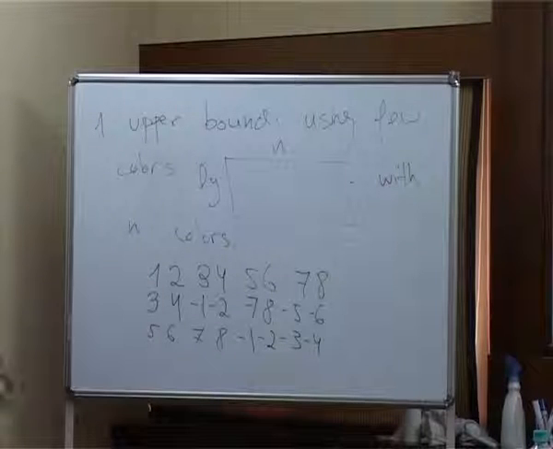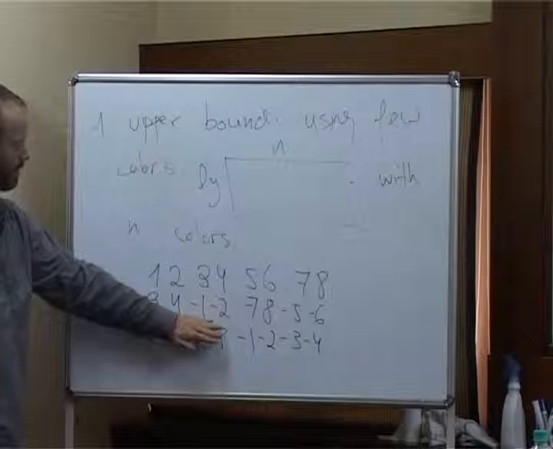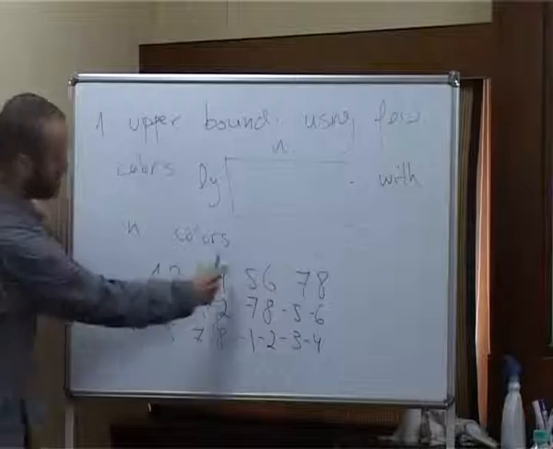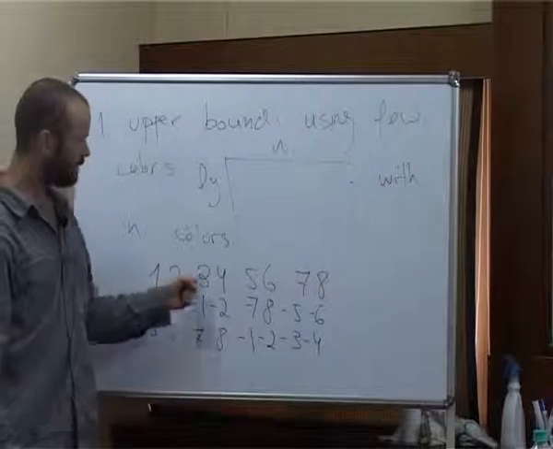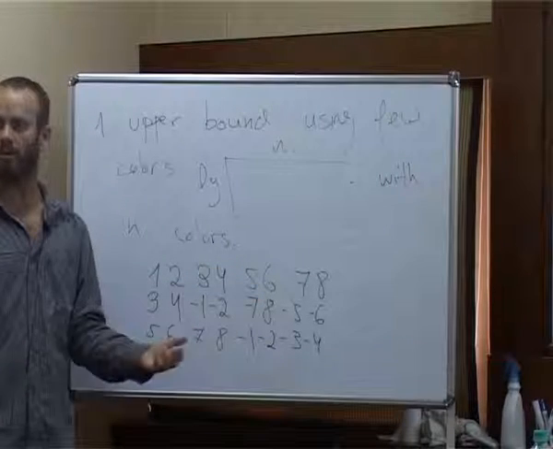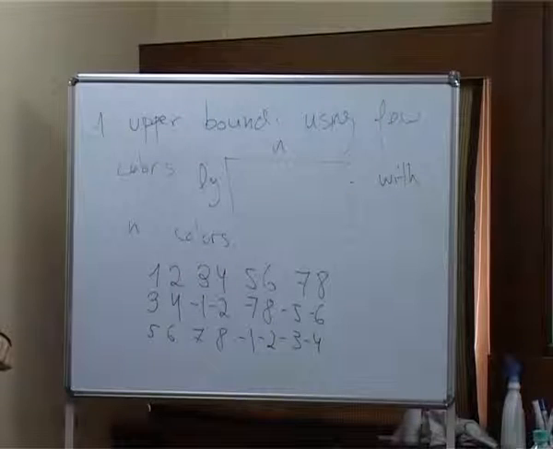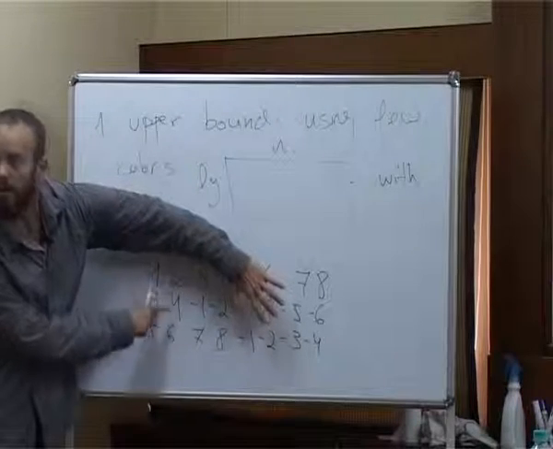We have n colors. And what happens? Every square in this part, we know by induction that it's okay. Every square that touches here and here is also okay because the colors are distinct. This is also true for everything that touches here and here.